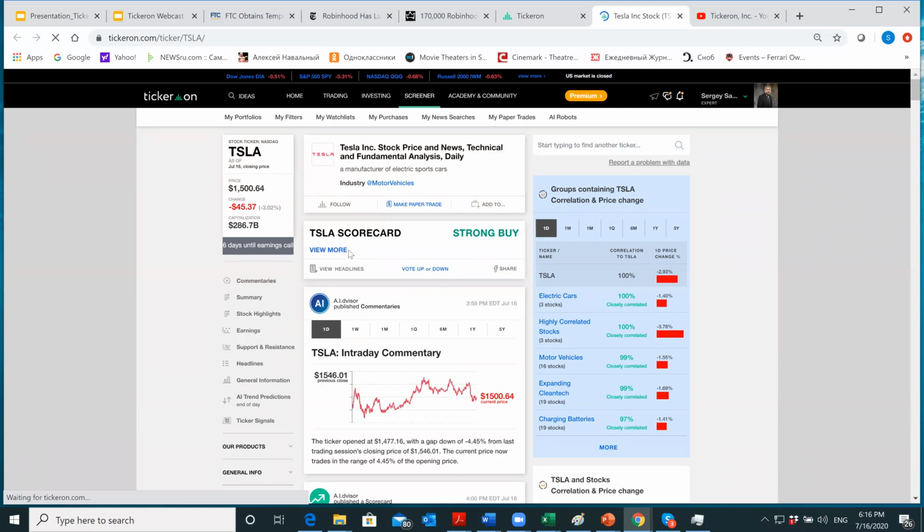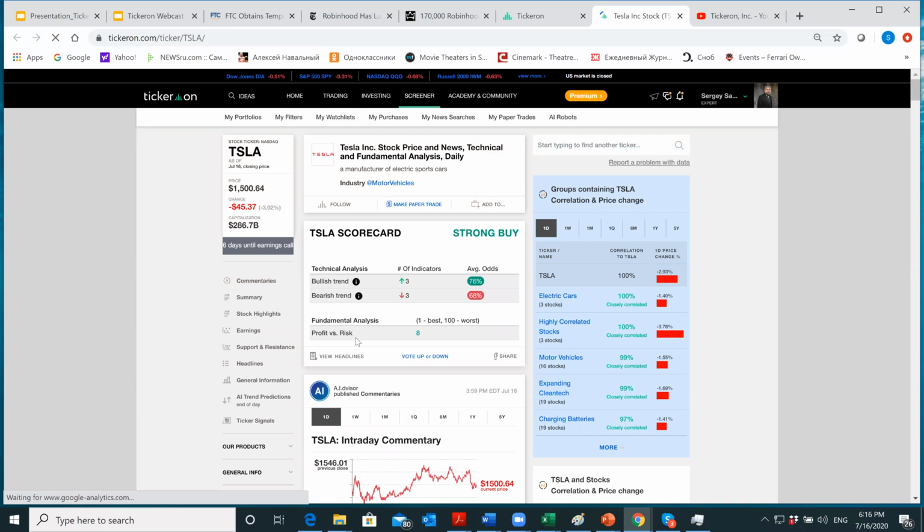As you can see, it is based on information related to different technical analysis, fundamental analysis, and even though it went down so far, it's still a strong buy until there is a trend down.